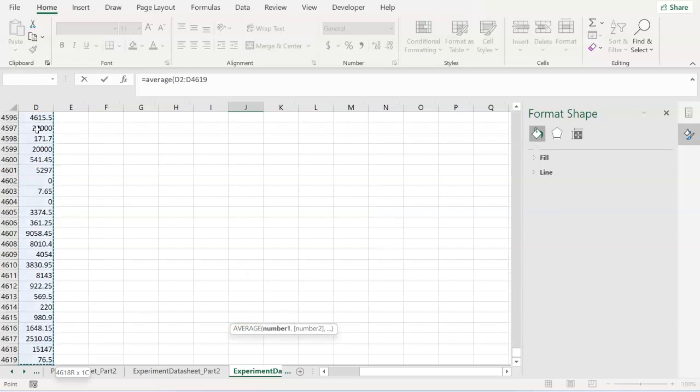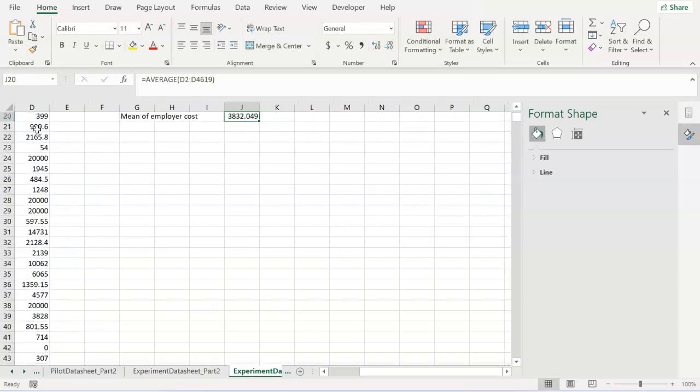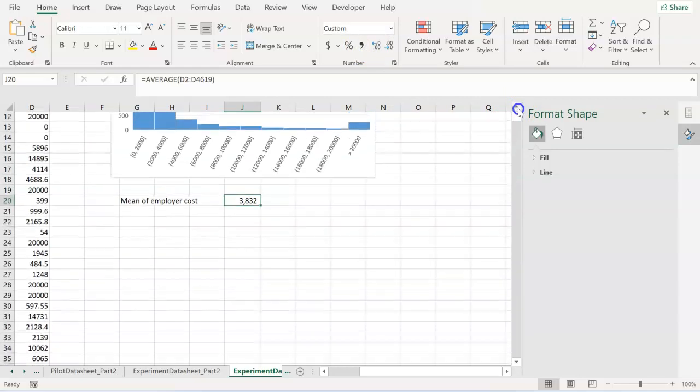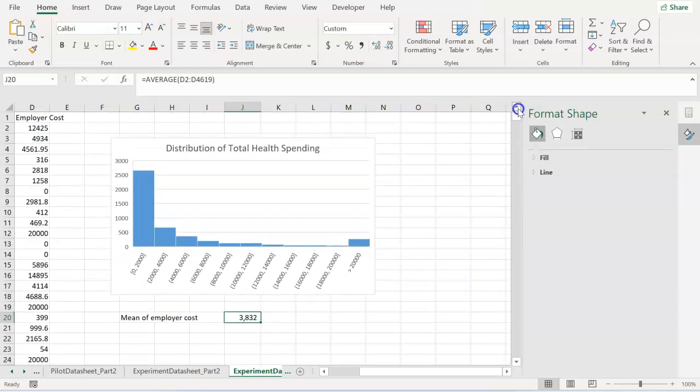Control Shift down, close parenthesis. Oh no, sorry. Yeah, that's it. So that's the average, because the employer is not gonna pay more because the employer purchased that insurance. So the cost of the employer will be maximum 20,000. So the expected amount is the average of all those amounts. And next question.